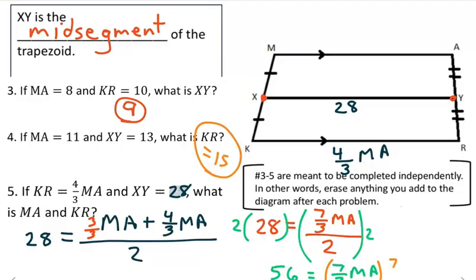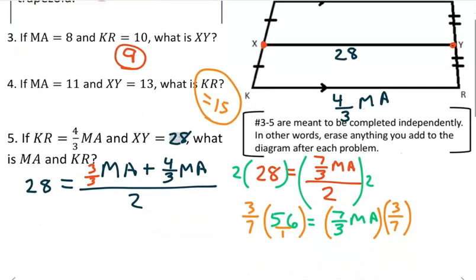So I would probably approach it, especially if I'm working without a calculator, as multiplying by 3/7. I'm noticing that 56 and 7 have a common factor of 7, so if you cancel those out, you get 8 times 3, 24. Of course, you can do this with a calculator, and so MA is 24.